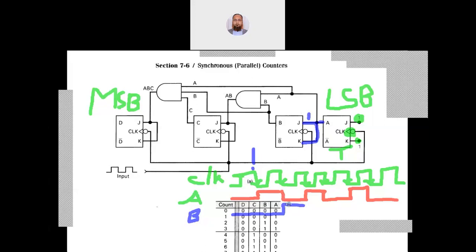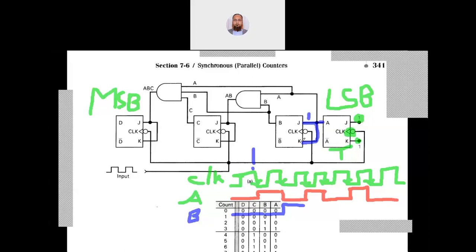A changed to low and B became high. So it was 1. As soon as the second clock came, it made A 0 and made B 1, because the input to B was 1 and the input to A was also 1. So A will toggle from high to low, and B will toggle from low to high.